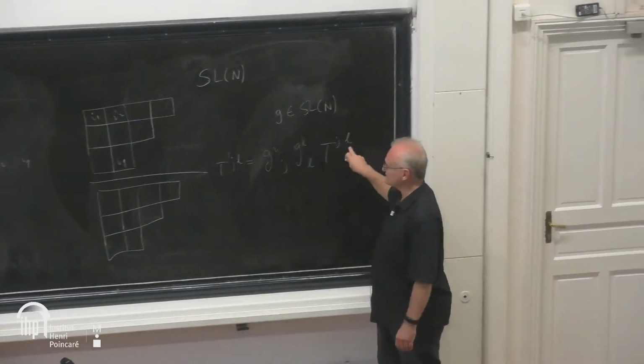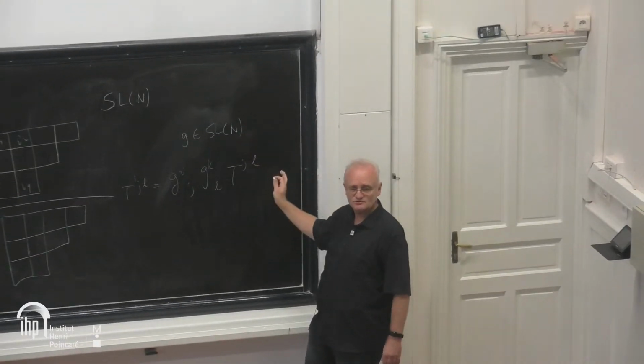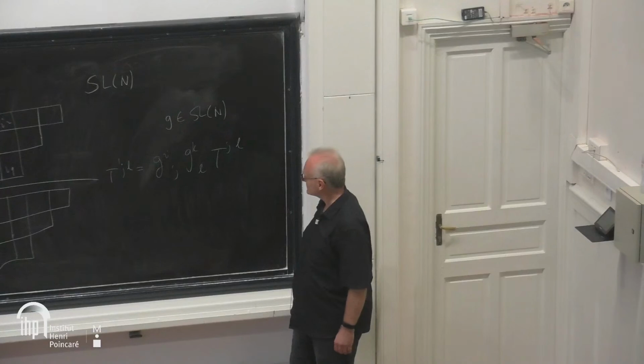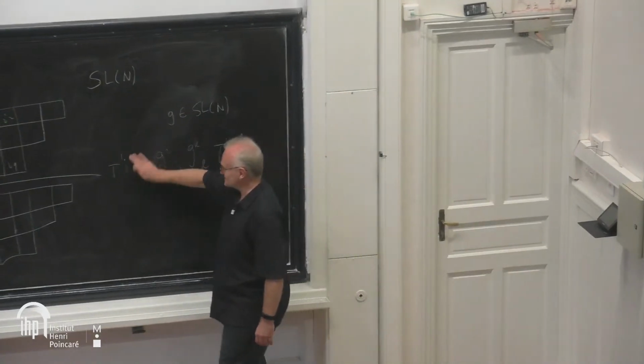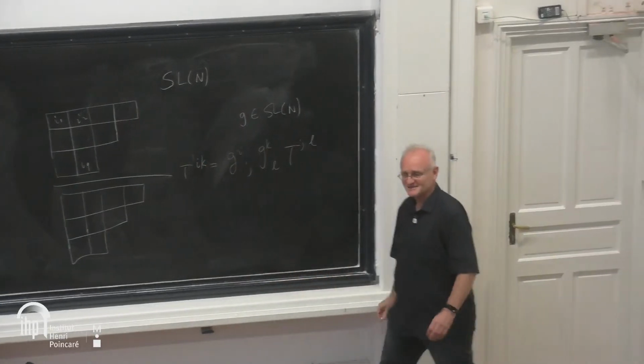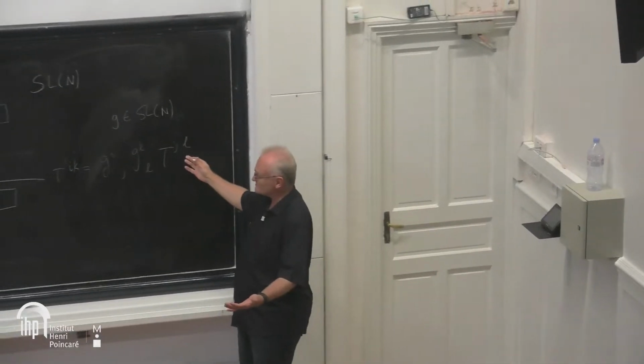So each of these indices I act on with an element of SLN to get the new guy. Yes, IK, very good. So this is the set of transformations that we're looking at.